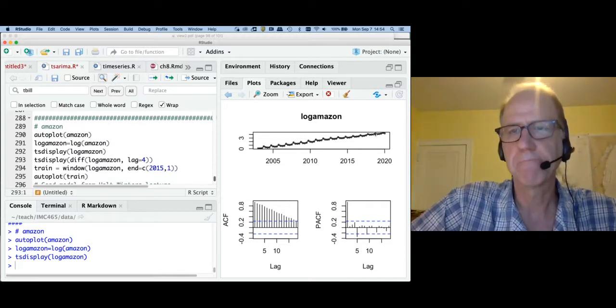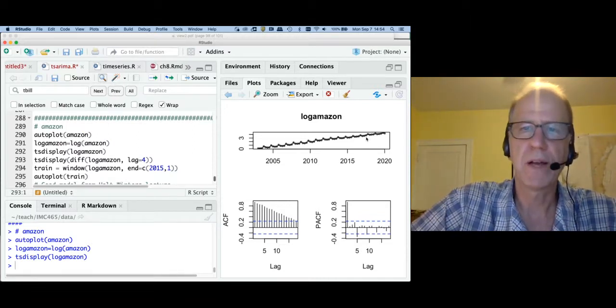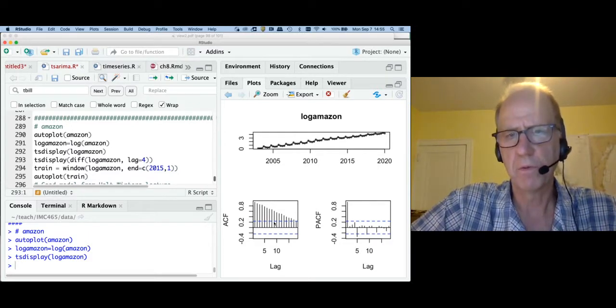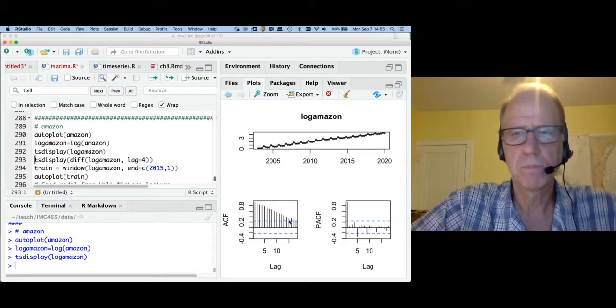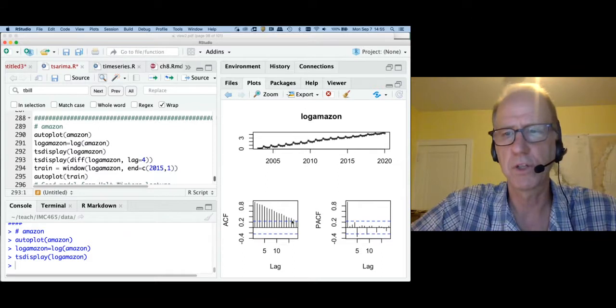So that's a nice thing. Maybe the amplitudes have flattened out a little bit. We mentioned that before. When I look at the ACF, what I see is a couple things. First off, the ACF decreases kind of geometrically, suggesting we need an autoregressive function.